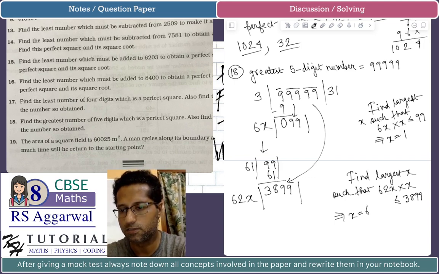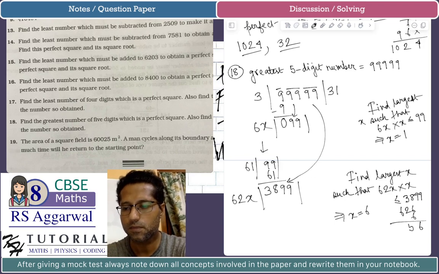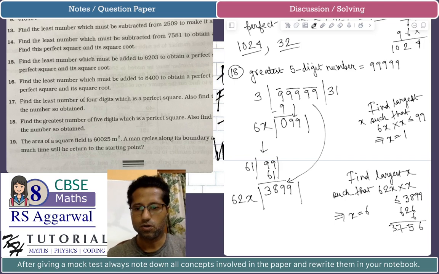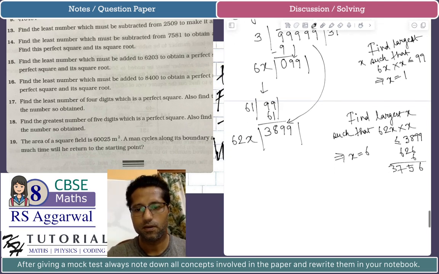And let's see what is 626 multiplied by 6. It is 3756. Okay, so x is 6. So we have 626 as the divisor and 3899 as the dividend.